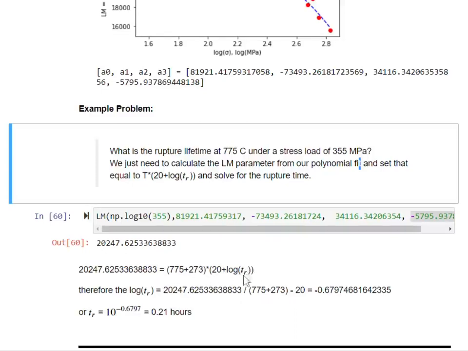So all I have to do now is solve for the rupture time. So there it is, rupture time, 0.21 hours. That's how long my component would last if made from that material with a 355 megapascal load at 775 C. It would fail by creep in less than a half hour.